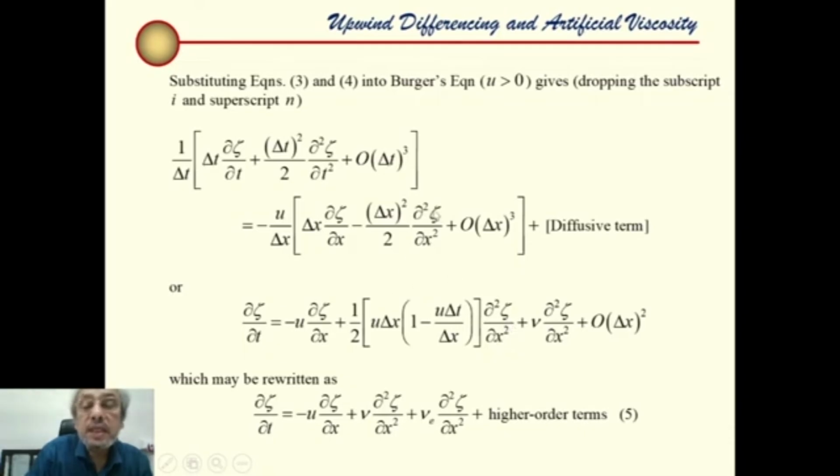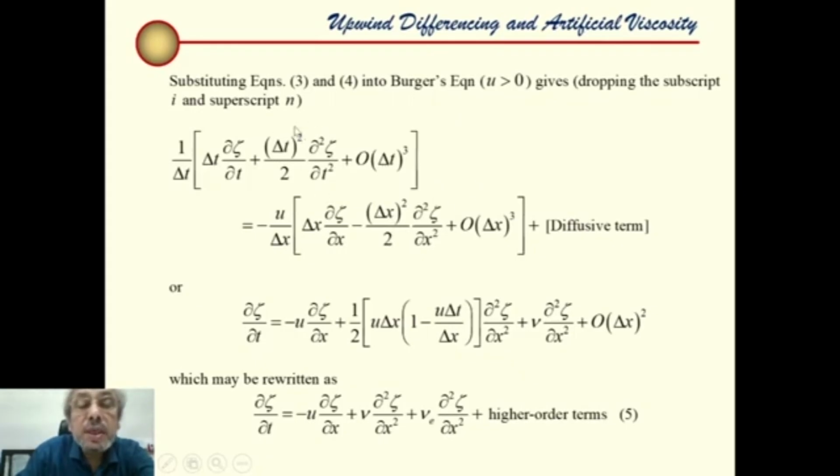So basically, this term and the term which is coming out after approximating this term, the second derivative of time here and the second derivative of space here, from these two, whatever is the truncation, this is otherwise truncated.